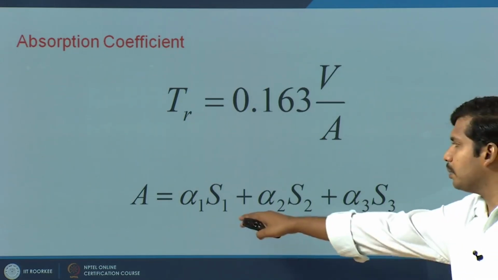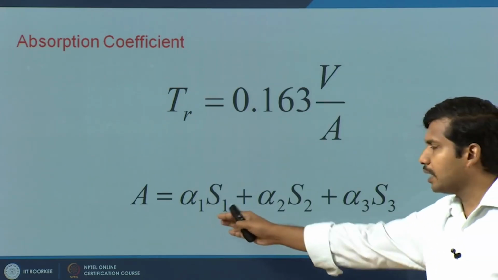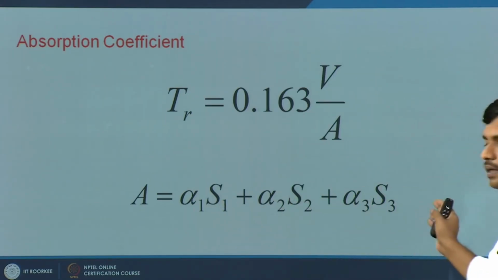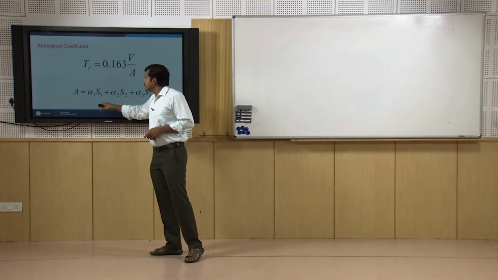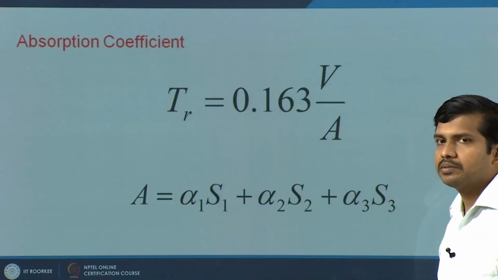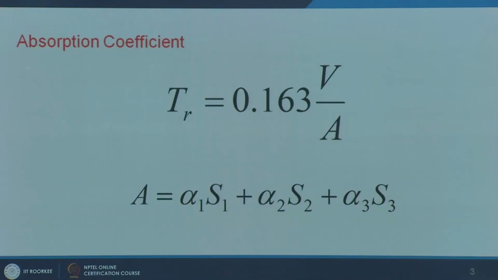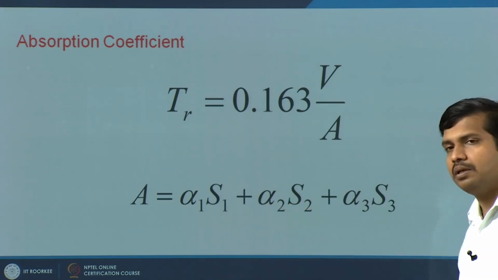So if you have n number of materials spread over specific surface areas, then you can have a sigma, that is specific absorption coefficient into the surface area. This particular number A is referred to in terms of Sabin, that is a unit for absorption. Now we will look at more closely about what this alpha actually means.